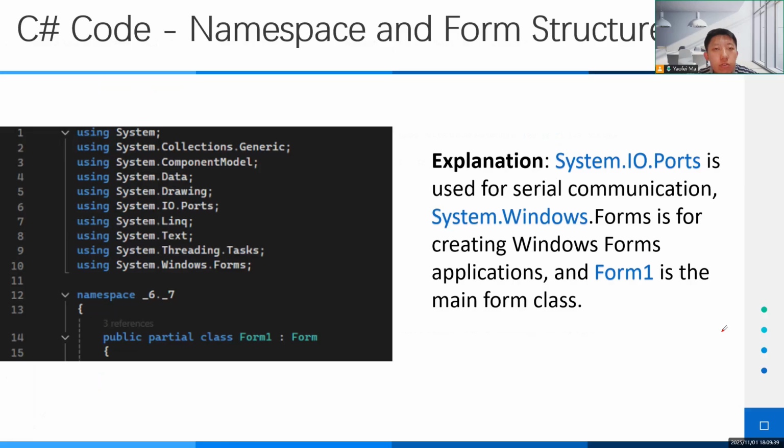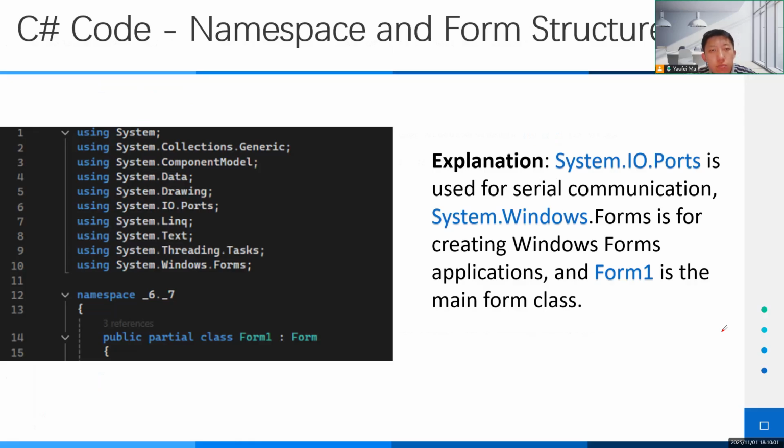Now let's move to the C# code. C# runs on the computer and it sends commands to the Arduino. First, I use two namespaces. System.IO.Ports helps with serial communication to talk to the Arduino.